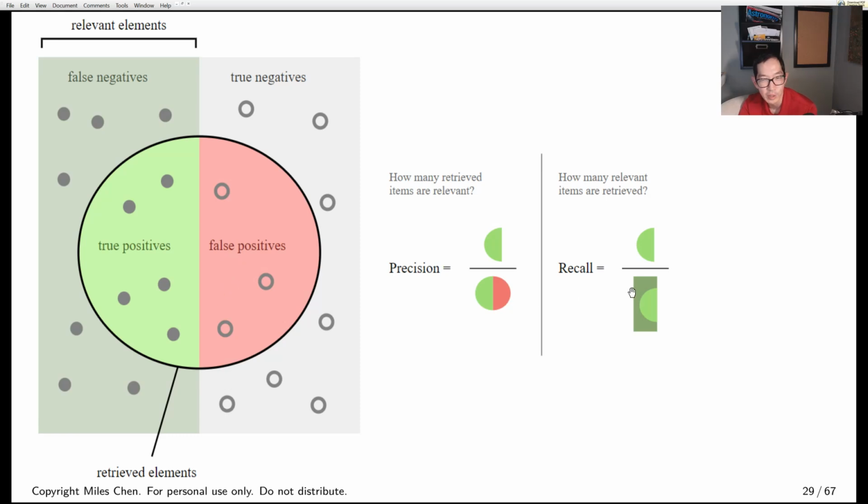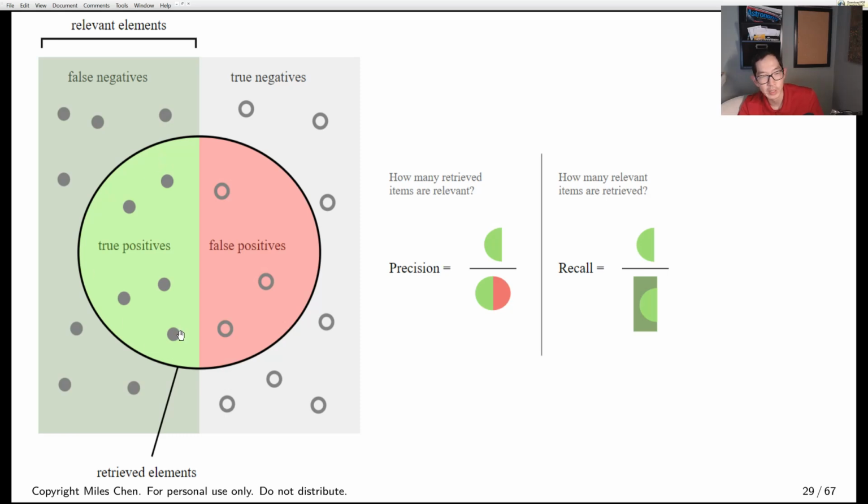And the recall is the true positives divided by all of the relevant elements, all of the things that should have been identified, right? So everybody who actually is, let's say, a yes, somebody who is going to default.